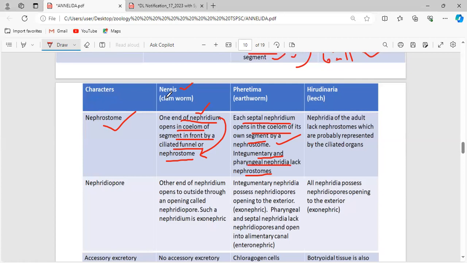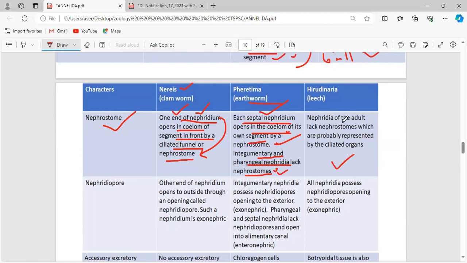In each segment of Nereis, only one end of the nephridium is attached to the nephrostome. But in the earthworm, each septal nephridium opens into the coelom of its own segment by a nephrostome, while the integumentary and pharyngeal nephridia lack this structure.